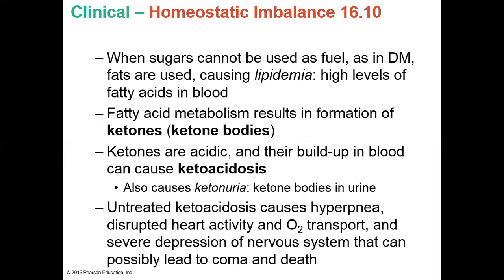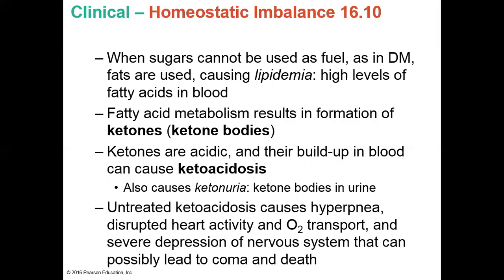Let's see. I think most people know that ketones are a product of fat metabolism. So people who are on the keto diet, right? You can test for ketone bodies in your urine, and that means that you are in ketosis. This, of course, is pretty controversial, right? Because ketosis could be dangerous.